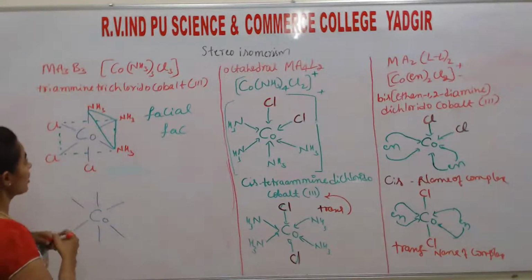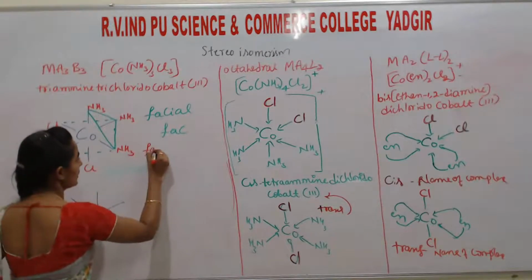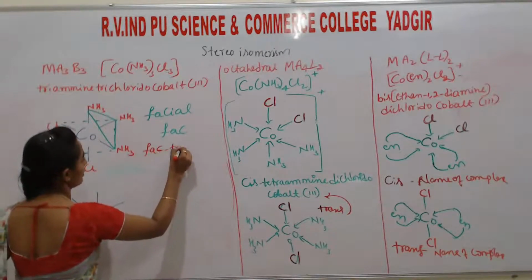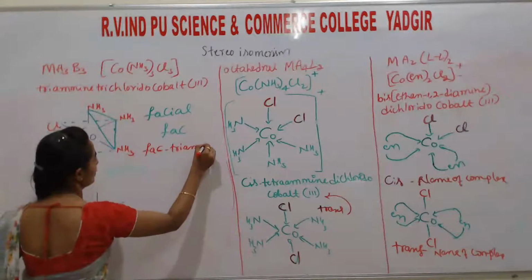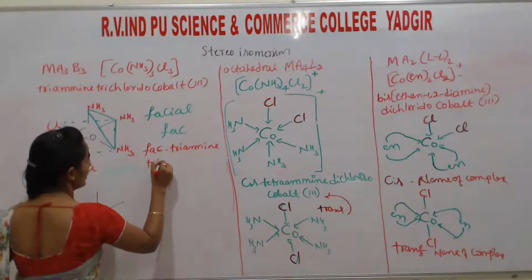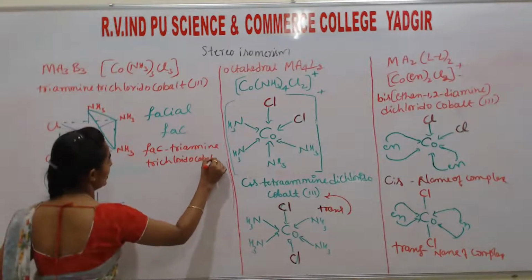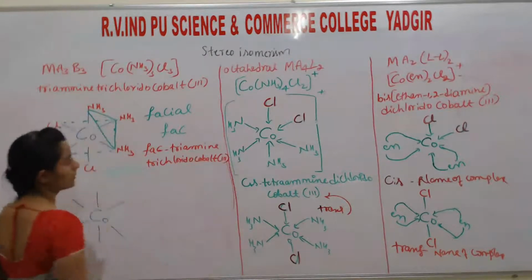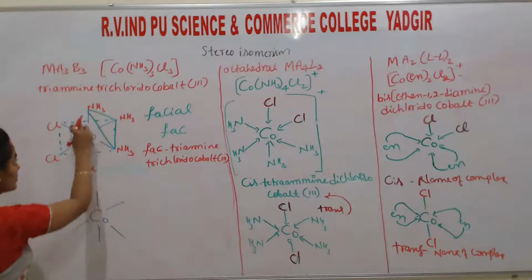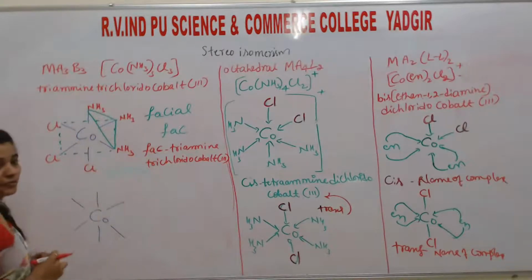So the name of the complex is fac-triamminetrichloridocobalt(III), because the arrangement of the ligands is in the facial isomerism form.